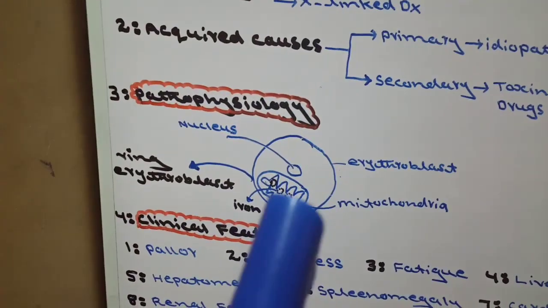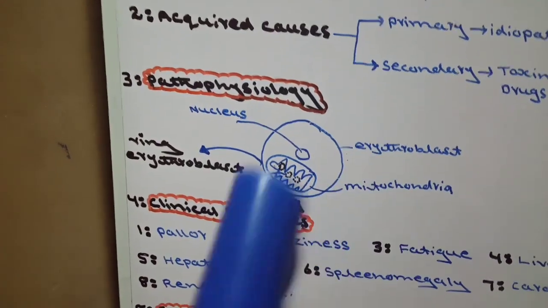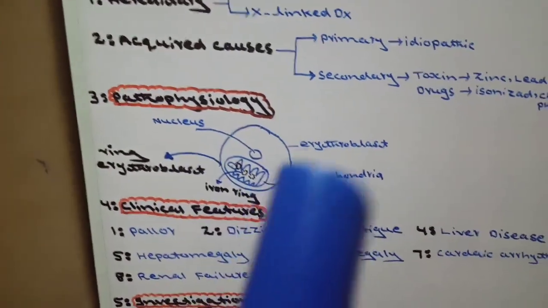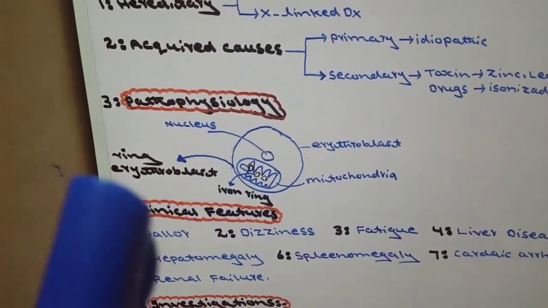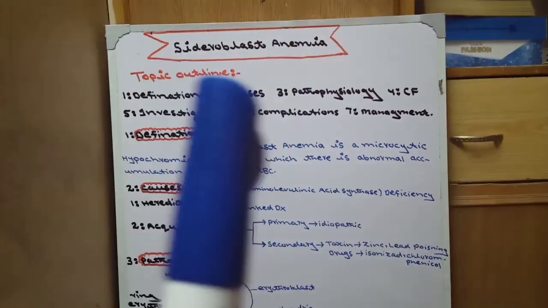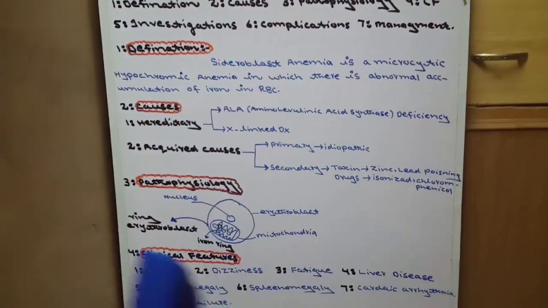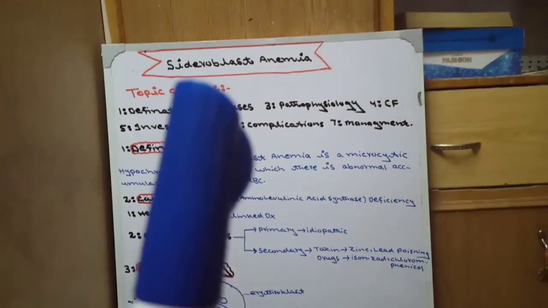The accumulated iron, which I show in black, forms a ring. Now this erythroblast will be called a ring erythroblast, and sideroblast also means ring. Therefore, due to ring erythroblast, this anemia is called Sideroblast anemia.